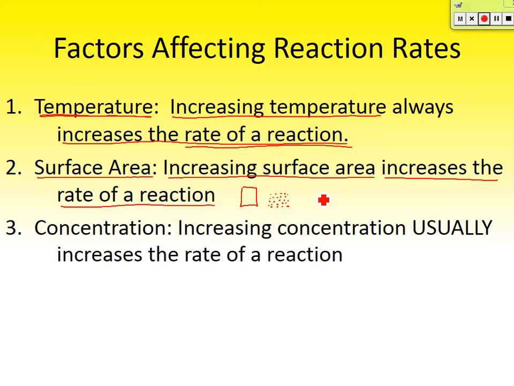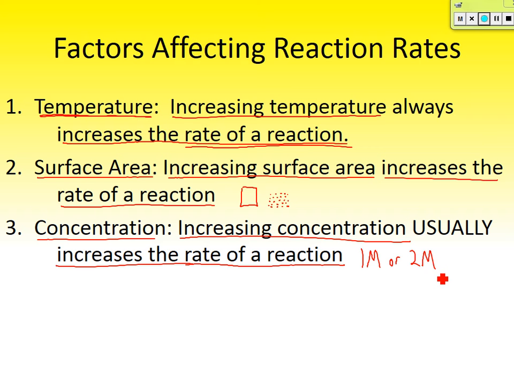All right, third factor that will affect reaction rates is concentration. So increasing the concentration usually will increase the rate of the reaction. So if it's at 1 molar concentration or 2 molar, which one is going to react faster usually?